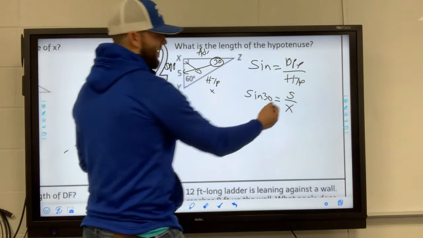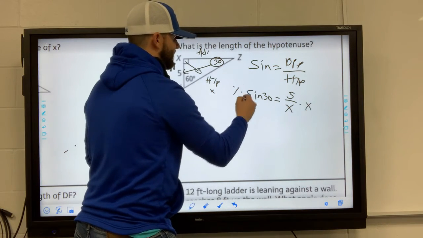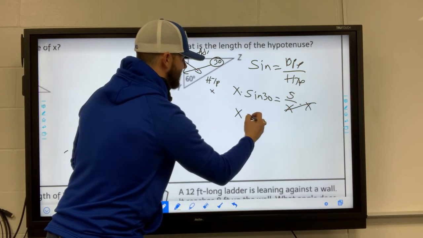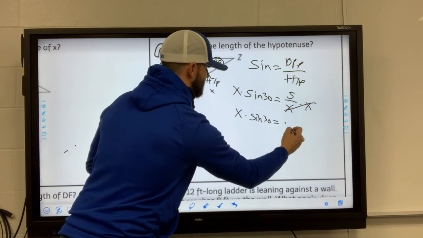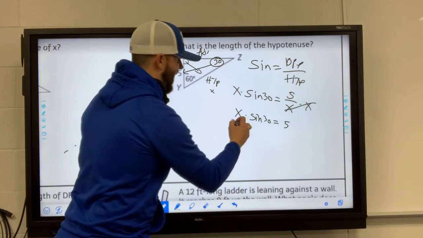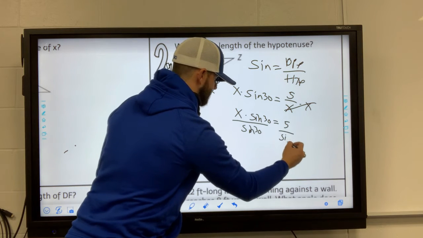So right now, if I have x on bottom, I actually have to multiply by x on both sides first. So that's going to cancel. I'm going to be left with x times the sine of 30 is going to be equal to 5. And so now in order to get x by itself, I have to divide by the sine of 30 on both sides.